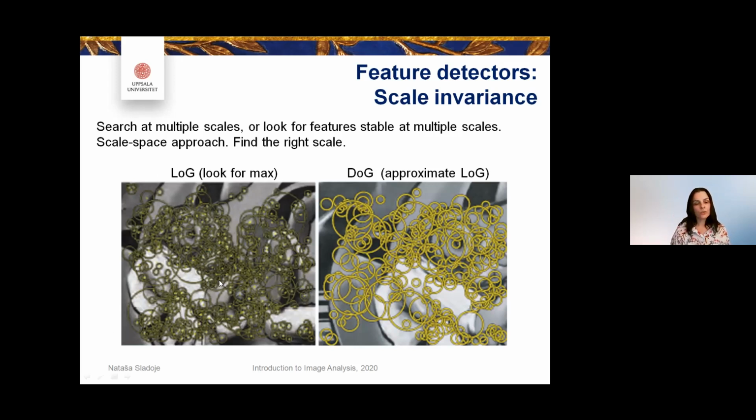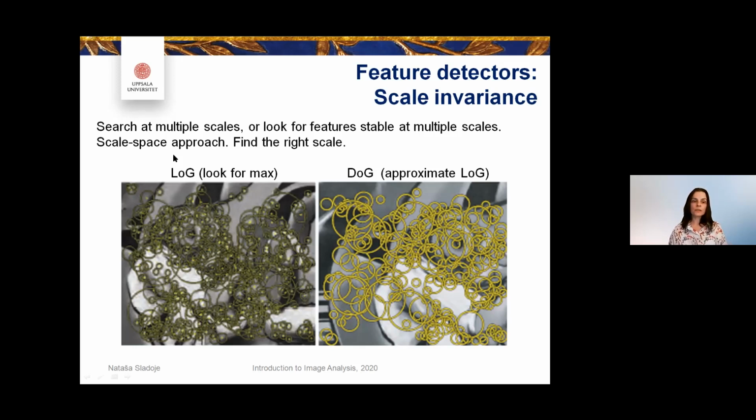That is usually shown, as shown here, by identifying points and then having some, let's say, circle around them, and the size of that circle corresponds to the scale at which the point is then detected as being the maximum.